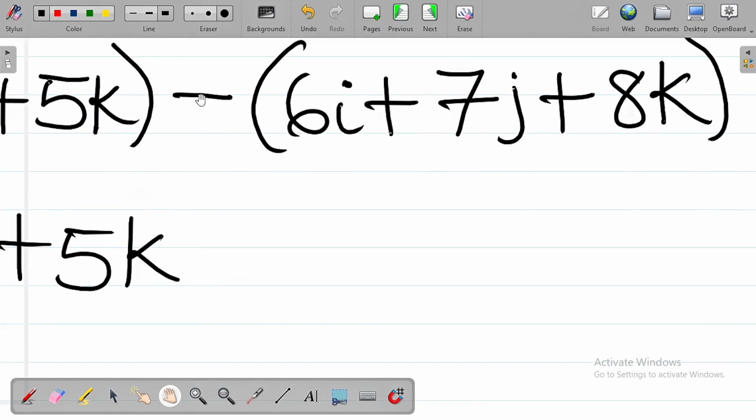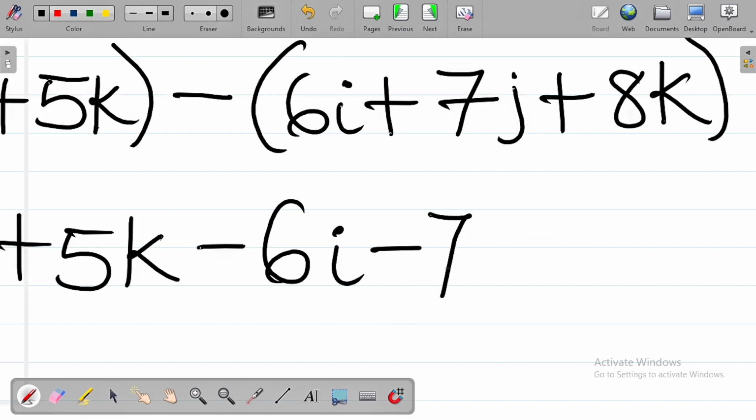Now we are going to use the negative sign to multiply all the terms inside the bracket. So we have minus multiplies 6i, it gives us minus 6i. Minus multiplies positive 7j, it gives us minus 7j. Minus multiplies positive 8k, it gives us negative 8k.